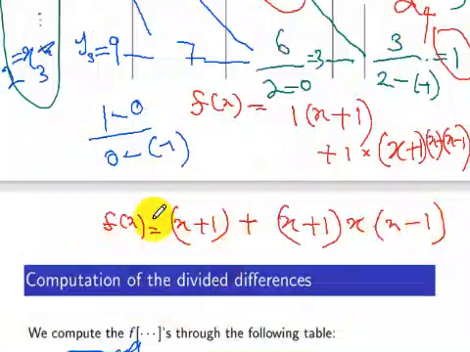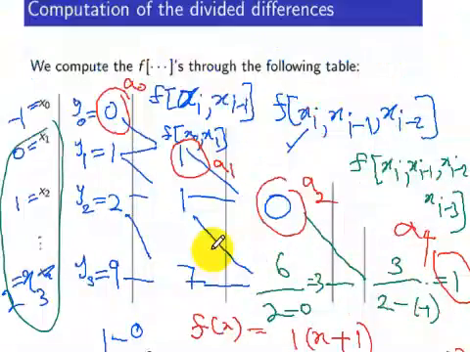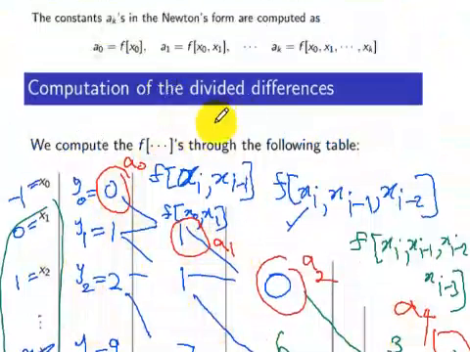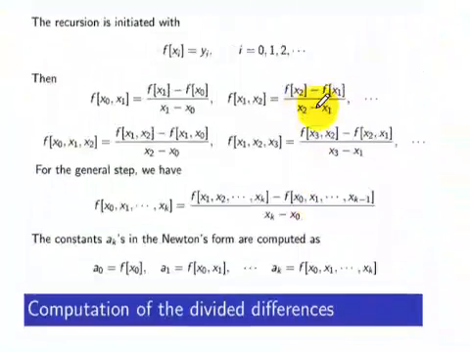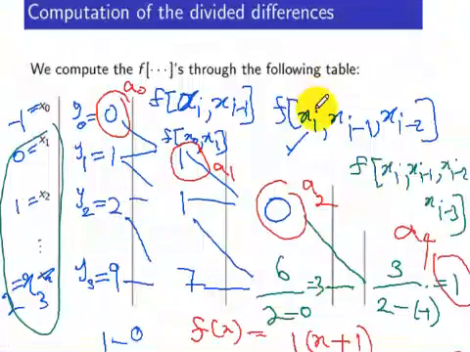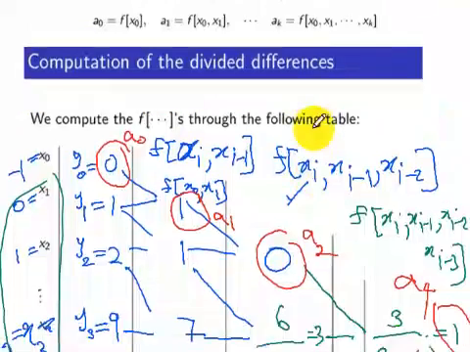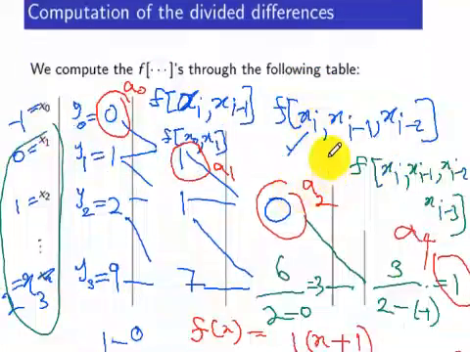Therefore, this is the Newton's polynomial. I hope you understood the way we computed the Newton's divided difference method. You have to practice, just do a small example to make sure that you understood this method.